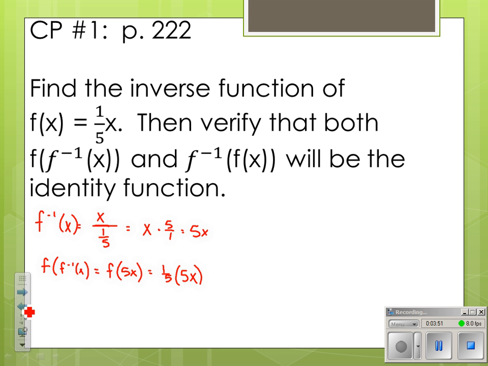And if we were to simplify that, we're going to have 5x over 5. And if you reduce, you do in fact get x. All right, so those two work.